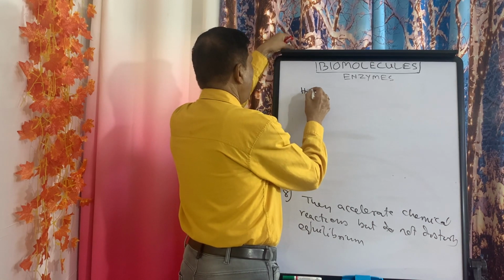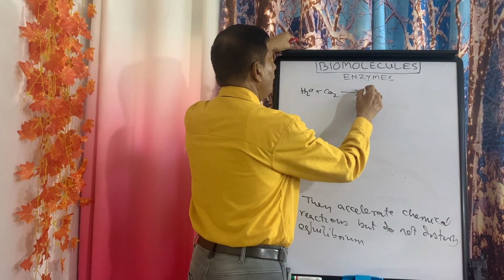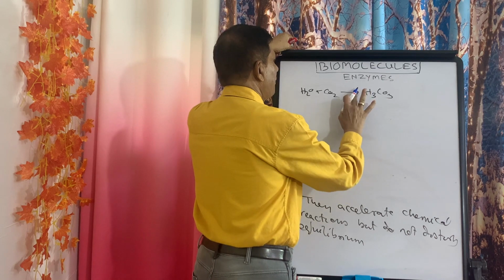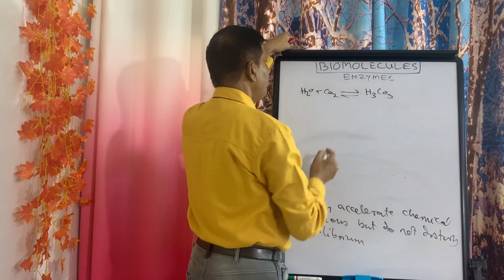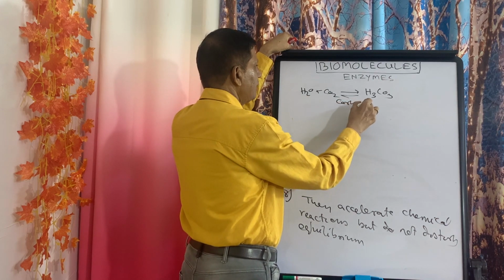water and carbon dioxide combine to give rise to bicarbonate, and again this bicarbonate can dissociate into water and carbon dioxide in the presence of the enzyme carbonic anhydrase.